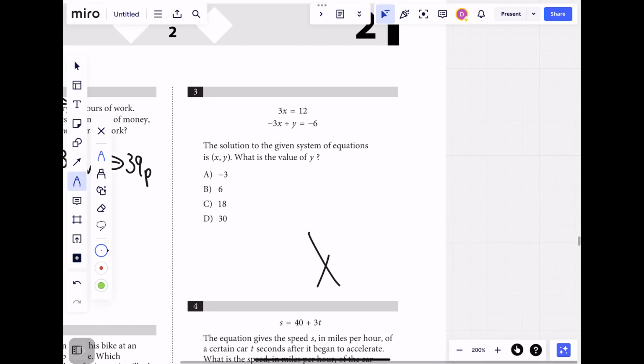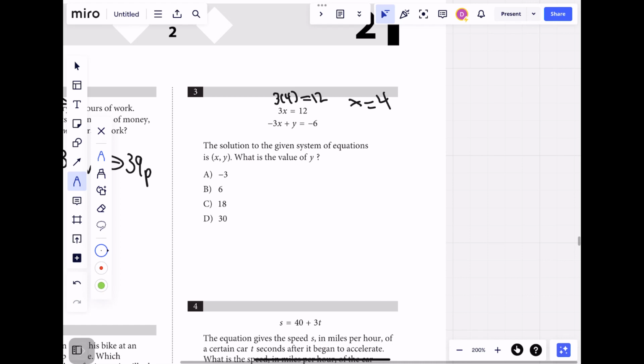The solution to the given system of equations is xy. What's the value of y? Okay, so if we're trying to find the value of y, I think the best solution would be to solve. So we know x is going to be 4, because 3 times 4 is going to be 12. So x equals 4.